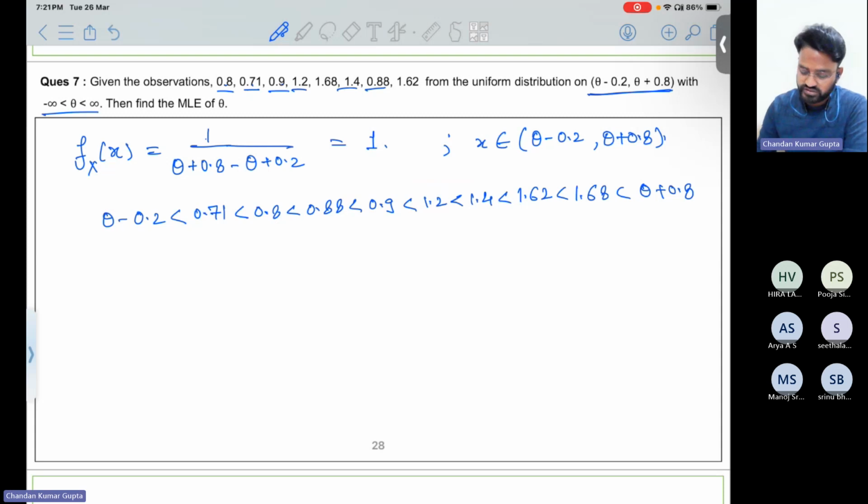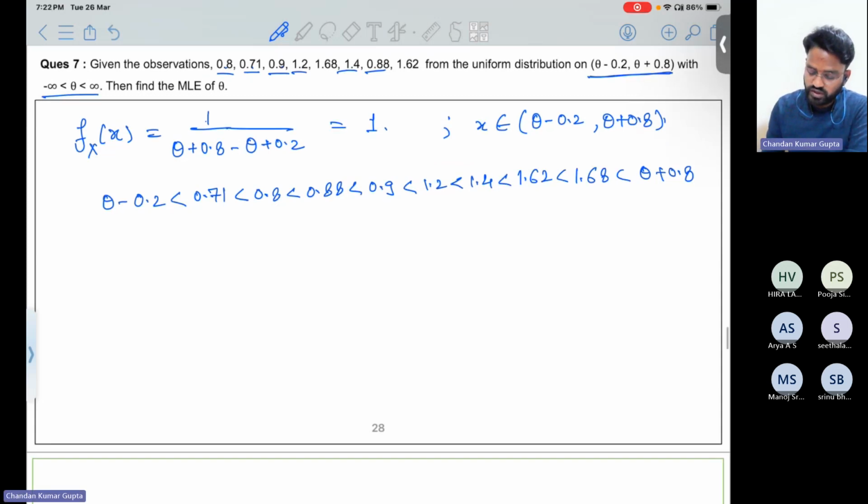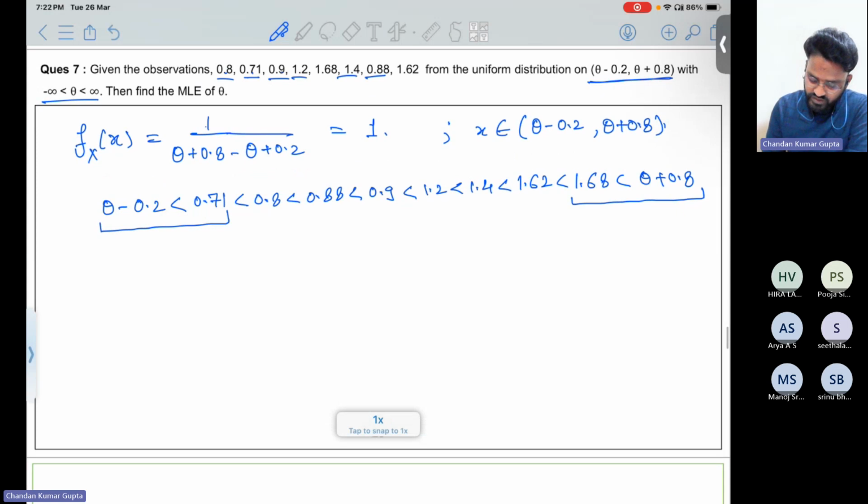Now again here, theta minus this must be less than this, and from here also theta plus this must be greater than this. So from these two relations we get the value of theta.